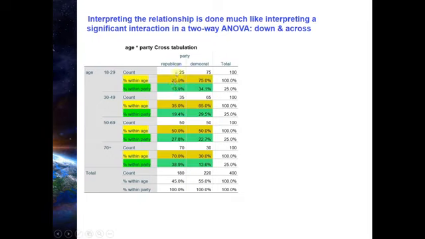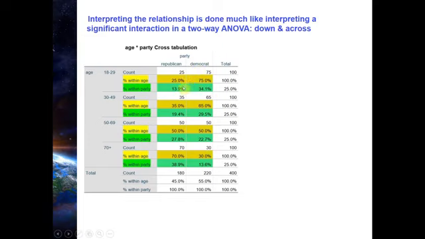But we want them converted into percentages. Because what if most of your sample size was made up of Republicans or Democrats? Then it really wouldn't be a good idea to look at just the observed frequencies. All right. You want to convert them to percentages. Okay.